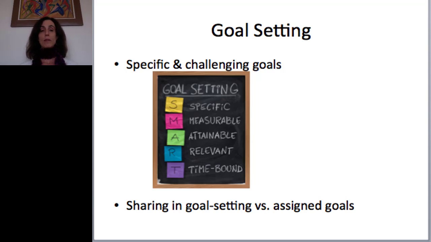If you have something that's much more specific, and it's realistic, then that's something you're going to be more likely to achieve. It should be relevant to you. It shouldn't just be something like, oh, I think I probably should lose weight.